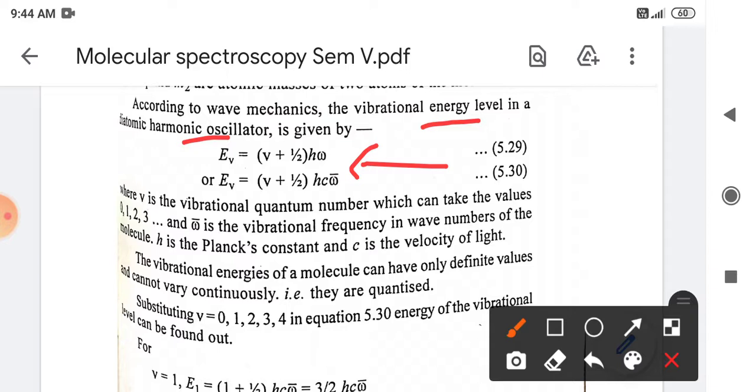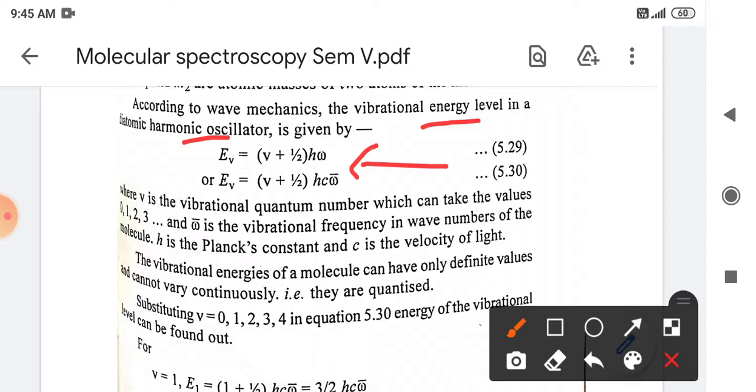All these derivations are quantum mechanically derived, so we are not going into the details of the derivation for these formulas. Just remember the final formulas, which will be useful for spectroscopy. If you want the details, you can get these derivations from quantum mechanics.